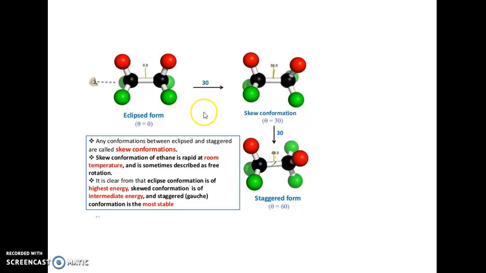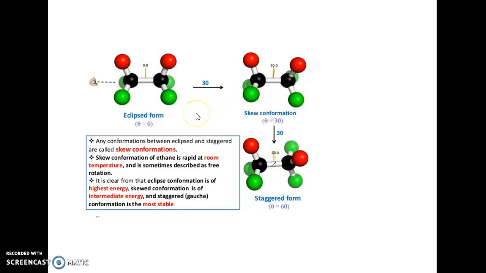In the eclipsed case, theta, the torsional angle, is 0 degrees. In the staggered form, theta, the torsional angle, or dihedral angle, is 60 degrees. Intermediate energy is for the skew conformation.